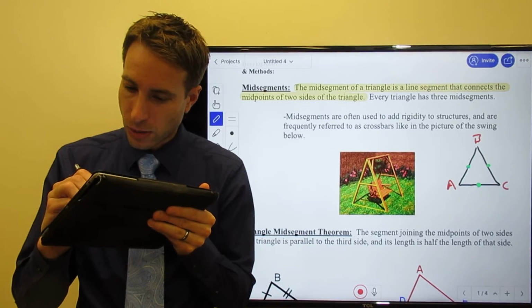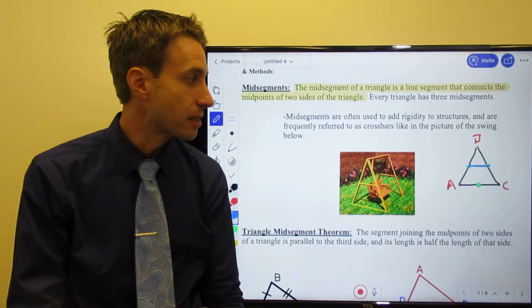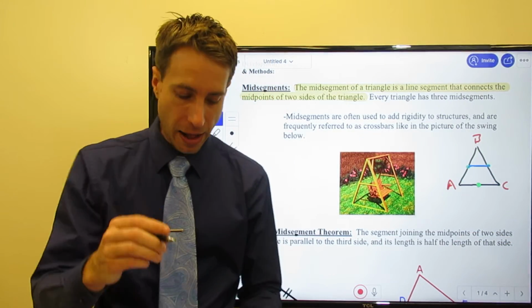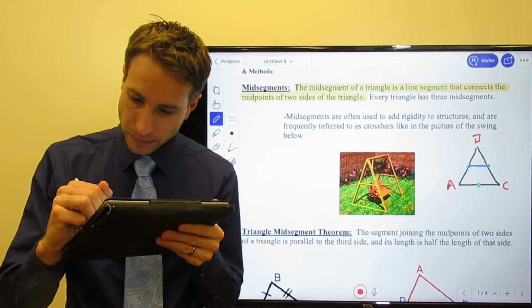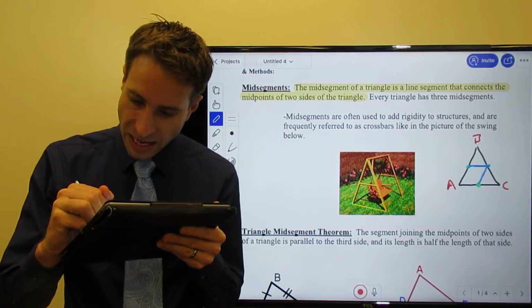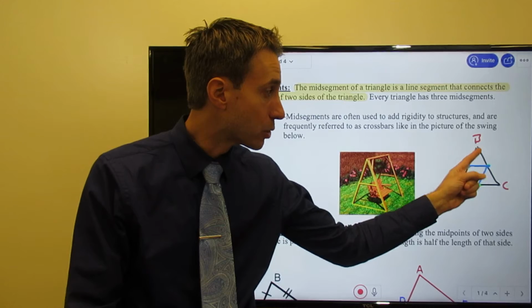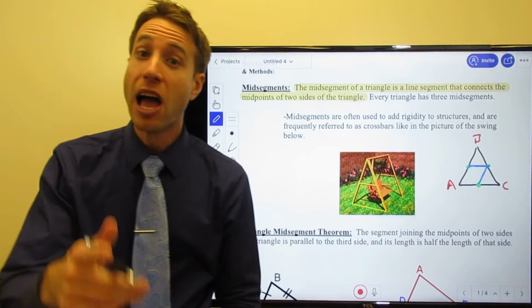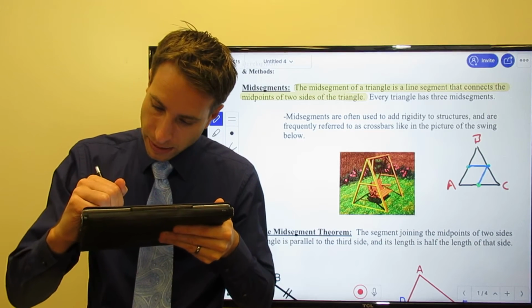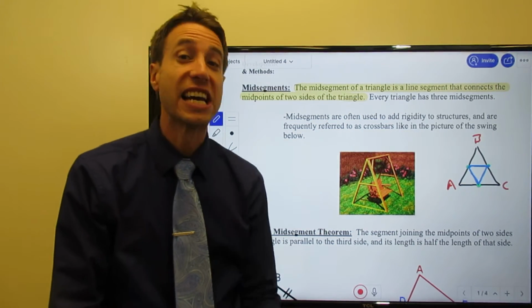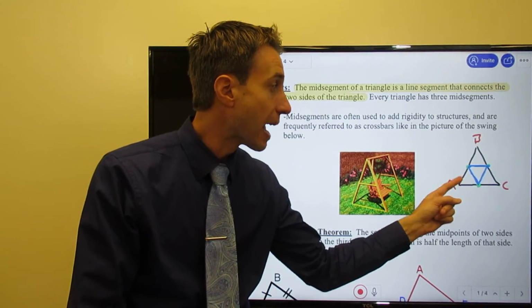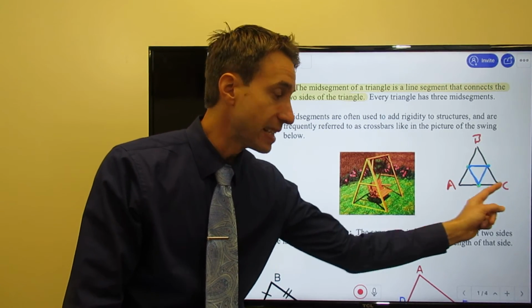I'll have this one that connects the midpoints between AB and BC. I'll have this one that connects the midpoints between BC and CA. And finally, this one, which connects the midpoints between AB and AC.